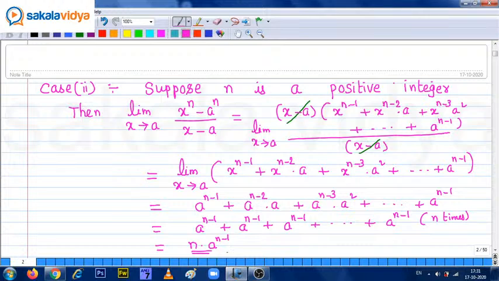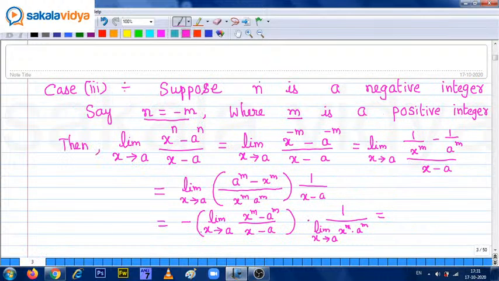So this we can substitute now. In its place we write minus m times a to the power of m minus 1, multiplied by 1 upon a to the power of m into a to the power of m, which is a to the power of 2m.